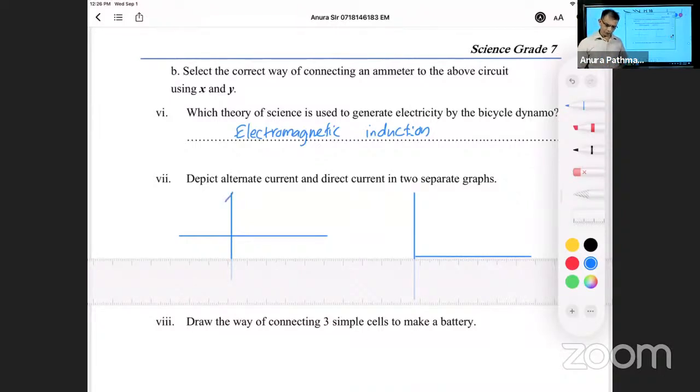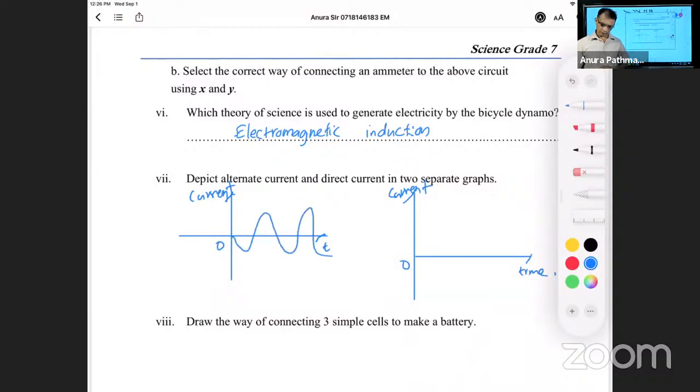You can have current here, and you can have time here. 0, 0. This is alternate current. And this is direct current. This is alternate. This is direct.